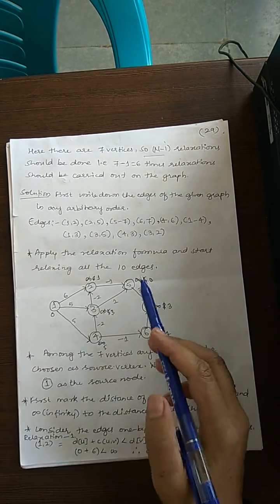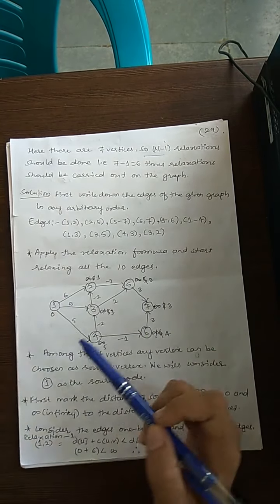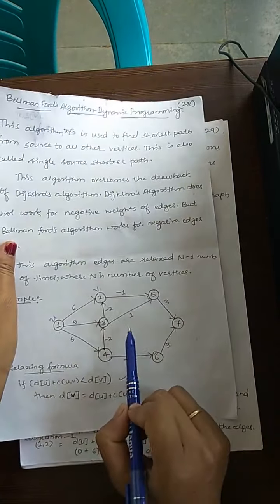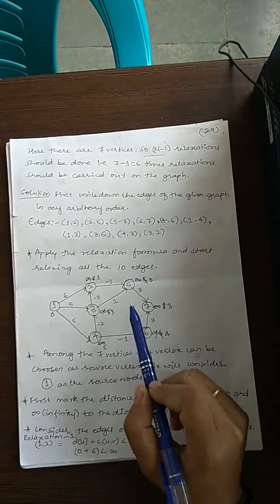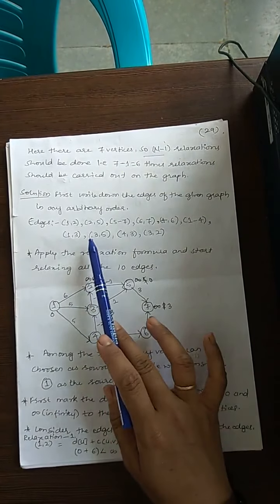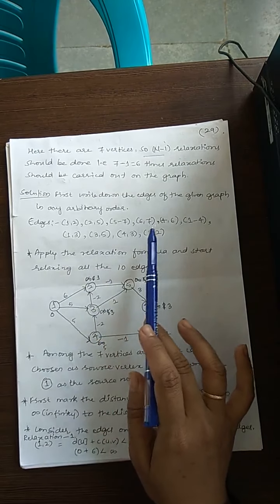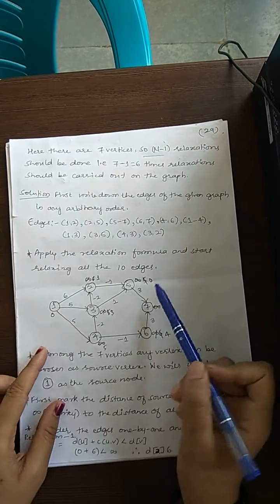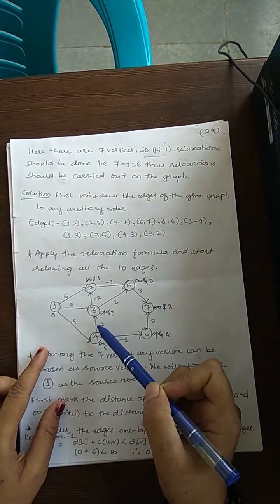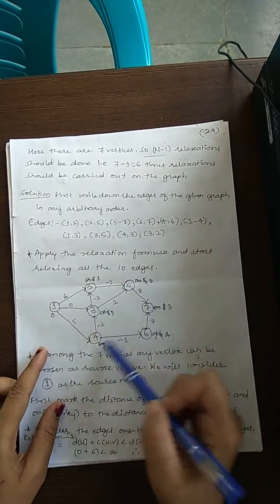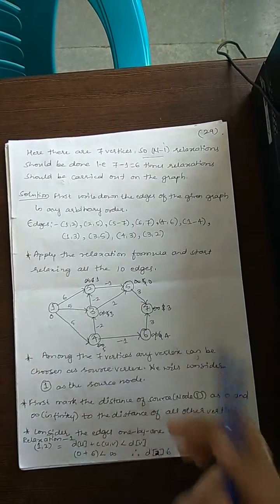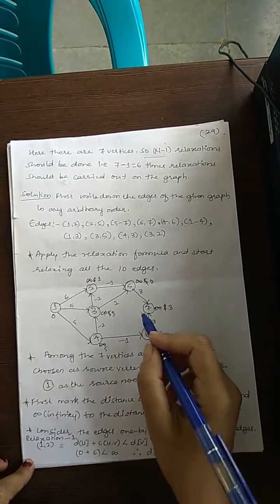To solve it, we take the same graph which I have explained here, and first you write down the edges. The edges can be written in any order. So you can take 5 to 7, 6 to 4, 3 to 2, like this; we can take any order.